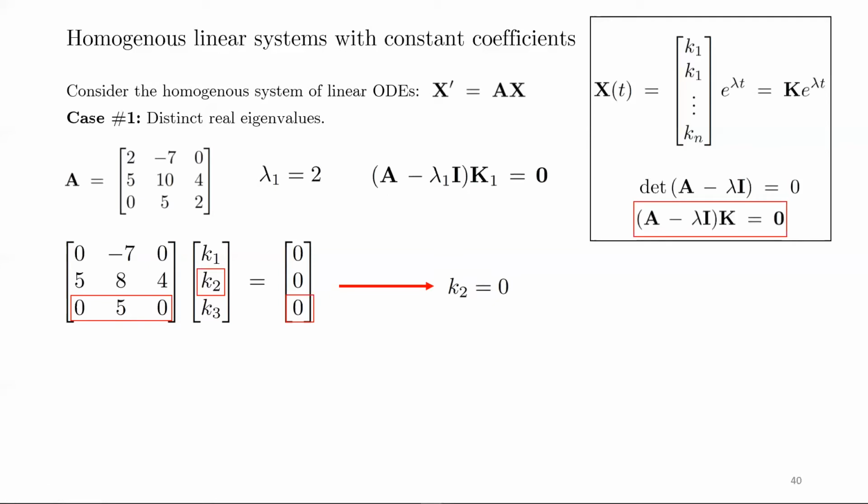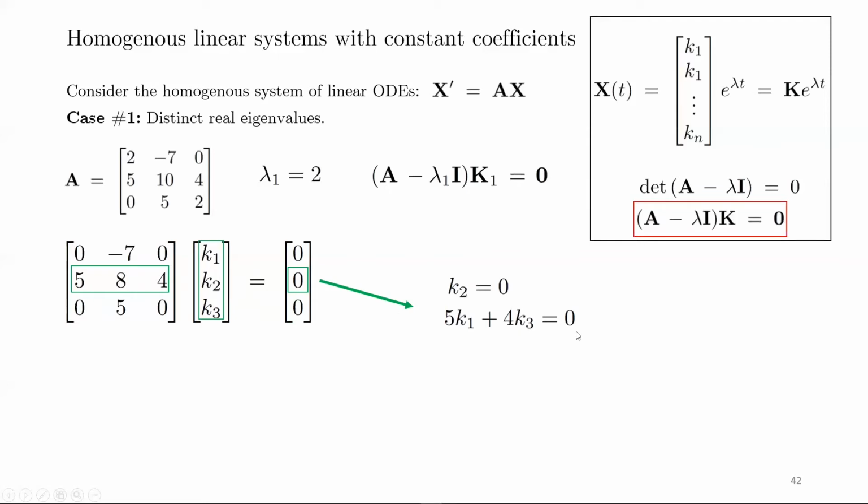I could also have used the top line, of course. 0 times k1 minus 7 times k2 plus 0 times k3 equals 0 would still also give me k2 equals 0. Looking at the middle line now, 5 times k1 plus 8 times k2, well, k2 is 0, so let's ignore that. So 5 times k1 plus 4 times k3 equals 0.